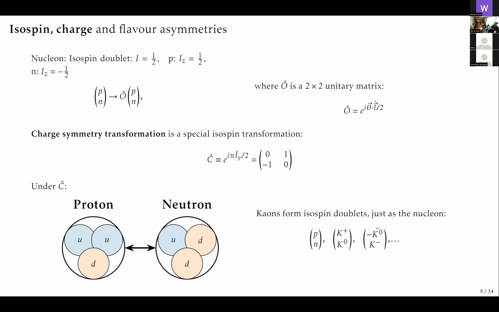Under this transformation, the strong interactions should behave the same. We have one doublet, which is proton-neutron, but we could also form isospin doublets from K plus, K0 bar, and K minus.